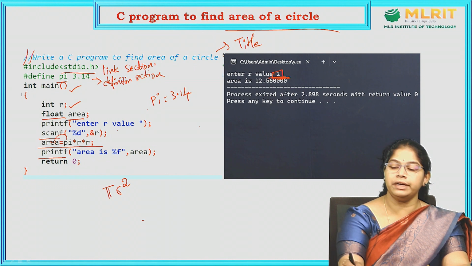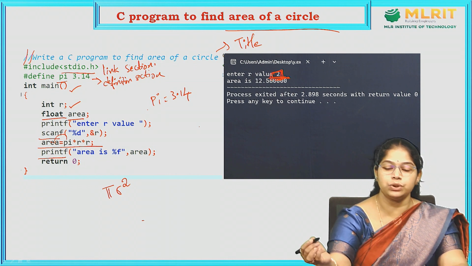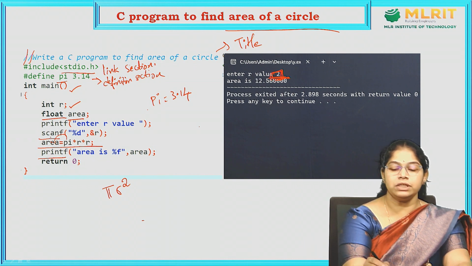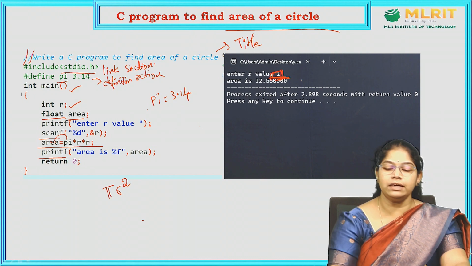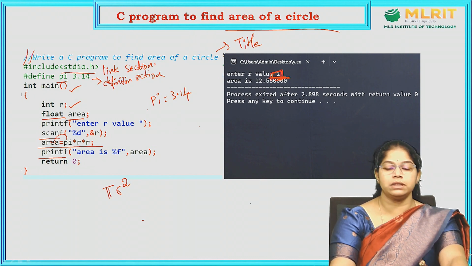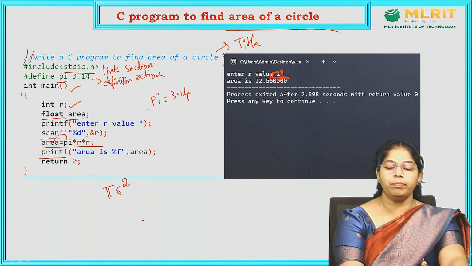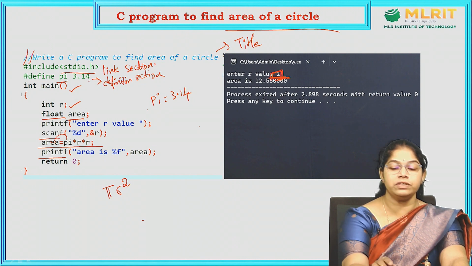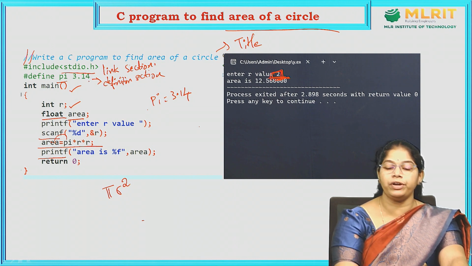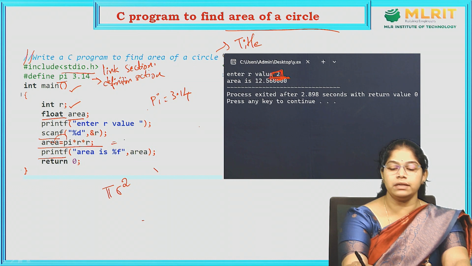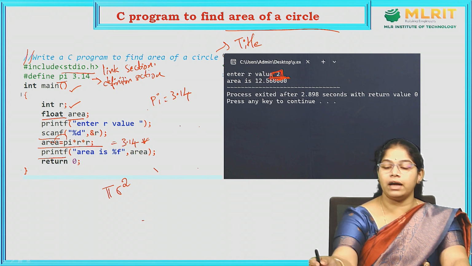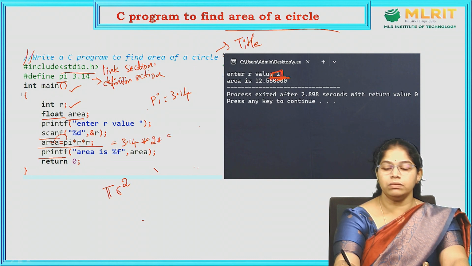Then printf enter r, here the r value is 2. Then we are using a scanf function to read that value provided by the user. Then area is equal to pi into r into r. Already in the definition section, I defined the pi value as 3.14, so the compiler automatically substitutes the pi value 3.14 into r, where the r value is 2 into 2.